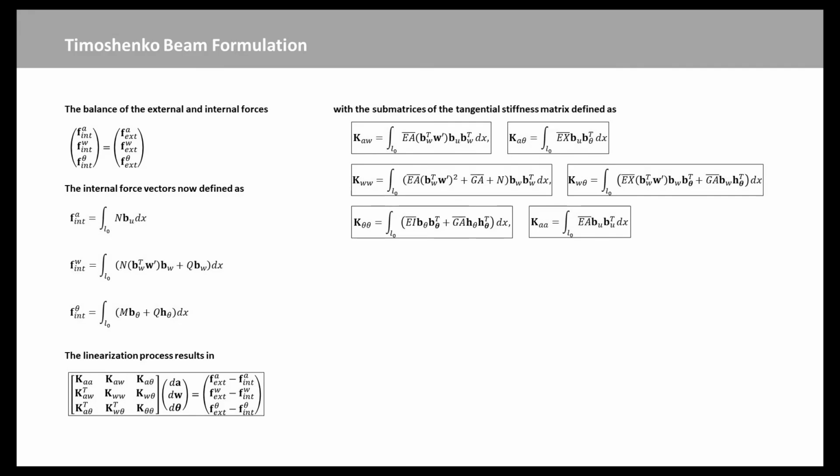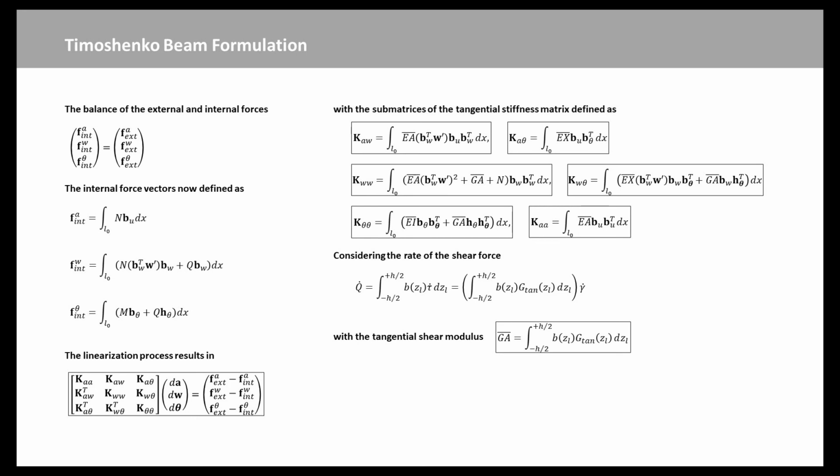As with the beam based on the Kirchhoff hypothesis, a Newton-Raphson method is used to solve the resulting set of nonlinear algebraic equations, and the linearization process results in this expression, with the submatrices of the tangential stiffness matrix KAA, KAW, KA theta, KWW, KW theta, K theta theta, where the last term of KWW can again be identified as the geometric contribution to the tangential stiffness matrix.